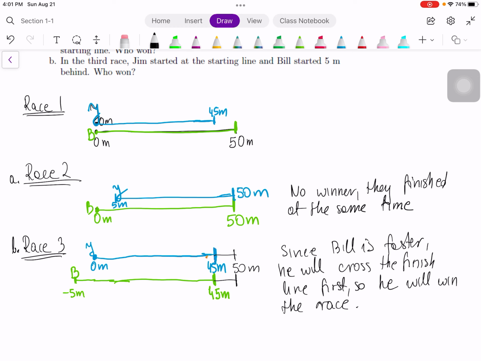Or I should maybe state it in the past: he crossed the finish line first, so he won the race.